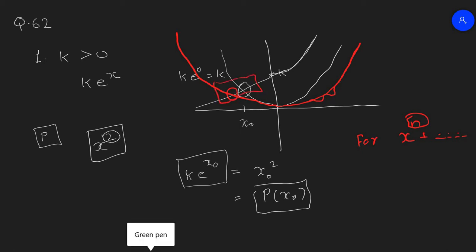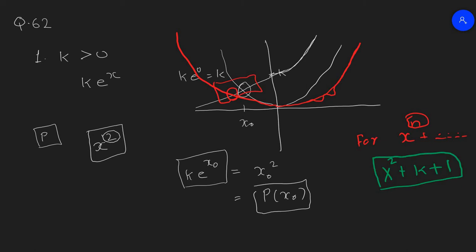But what happens if it is x square plus some value greater than k, say k plus 1? If x is 0, we have the point at k plus 1, so the graph goes above like this. So the exponential graph and the polynomial graph don't touch on the negative part of the x-axis, because one goes to infinity and the other goes to 0.